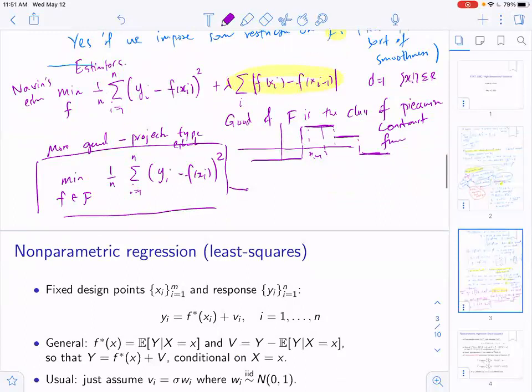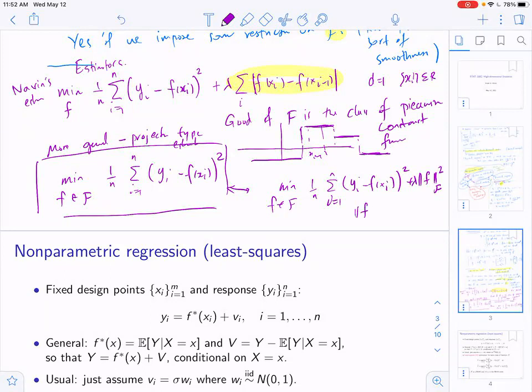You could also do a penalized version. If you have a proper norm or some sort of measure of this class, it could be dependent on the class. So let's say I have some norm that measures being in this class.